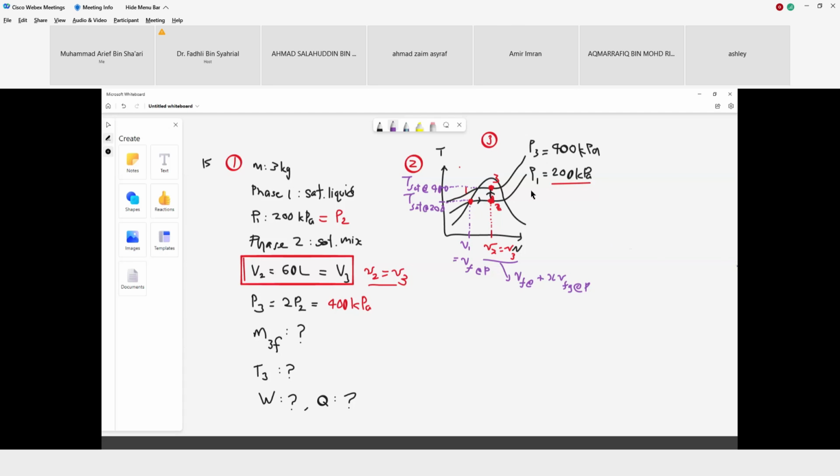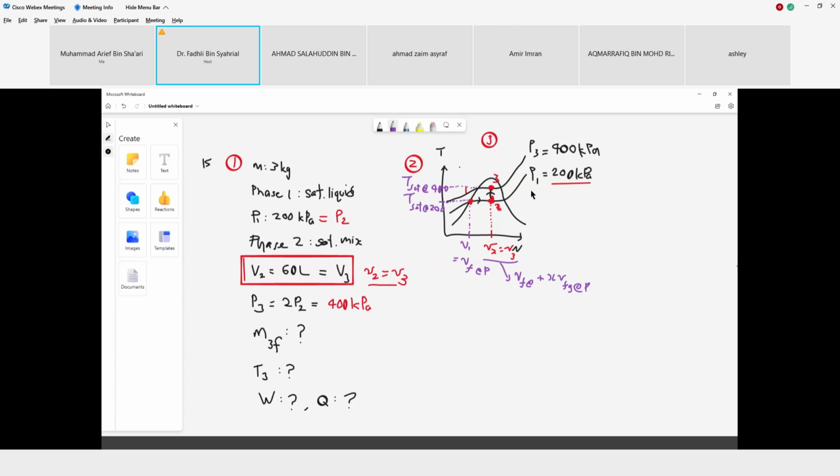Okay, boleh setakat ni. So we have two saturation temperatures. First for 200 kilopascal, second for 400 kilopascal. Okay, so I think that's all that we can analyze from our TV diagram.